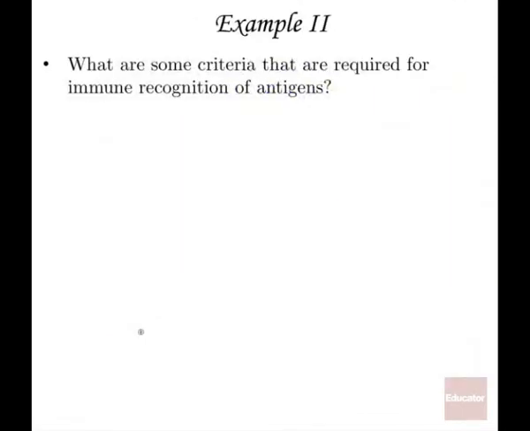All right, so the second example, what are some criteria that are required for immune recognition of the antigens? Now remember, there were three. So one, the antigen needs to be large enough. Okay.